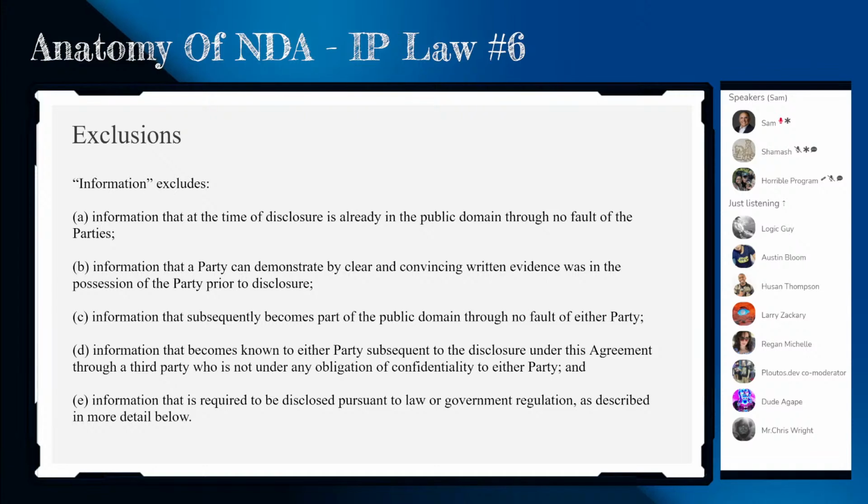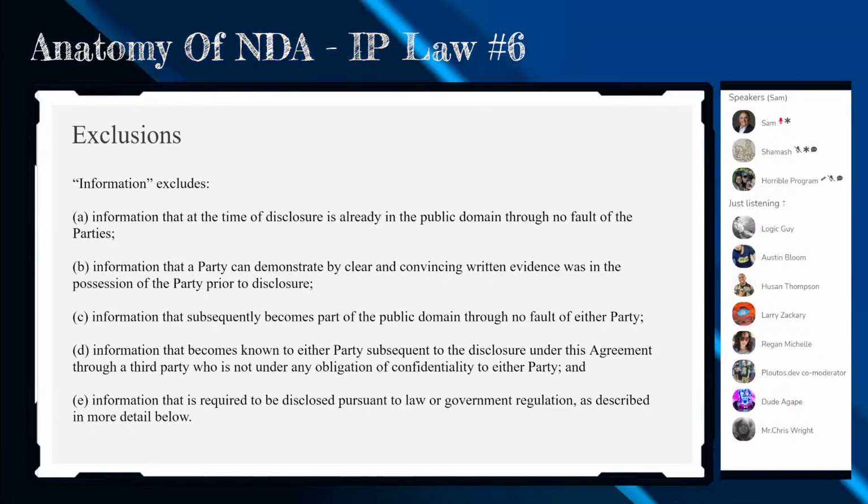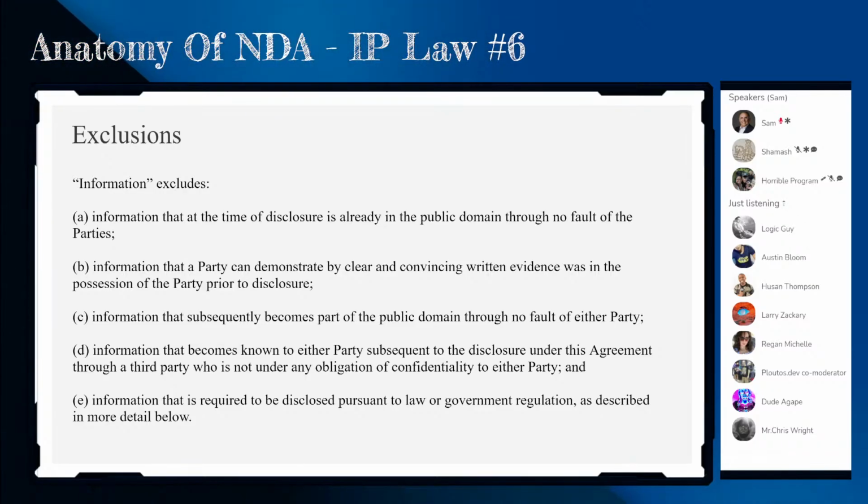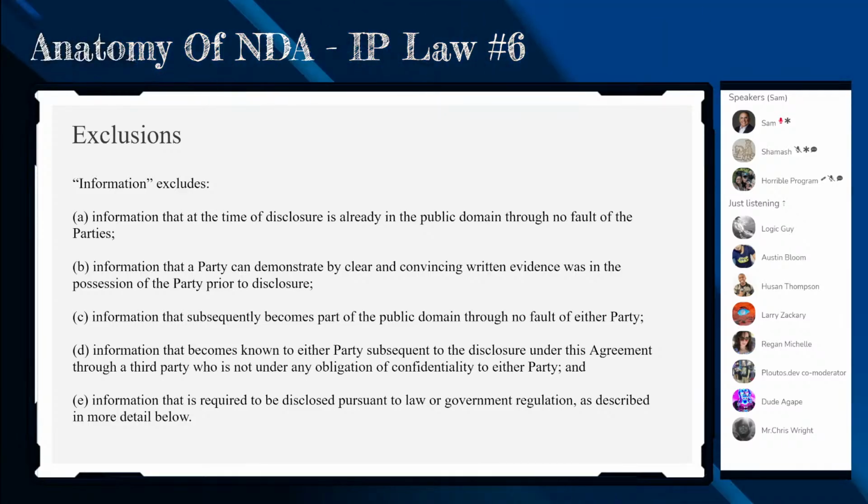I bring my product into the market. You say, hey, this is the same product we talked about. You're disclosing my information. I say no. Before we started talking to you, I already had the plans for this product, and here are all the specs that I had, and they're all date stamped, so we know that. So this is clear and convincing evidence.